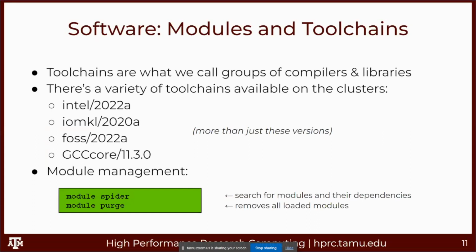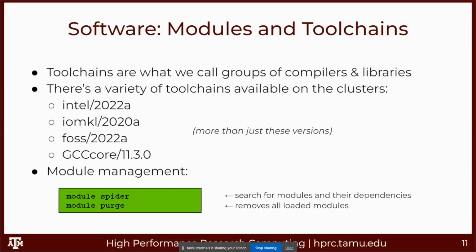If you're not sure about what tool chains or software are available, you can use the command module spider and whatever software or tool chain you're looking for, and that will populate the different tool chains and software that we have available on our clusters.